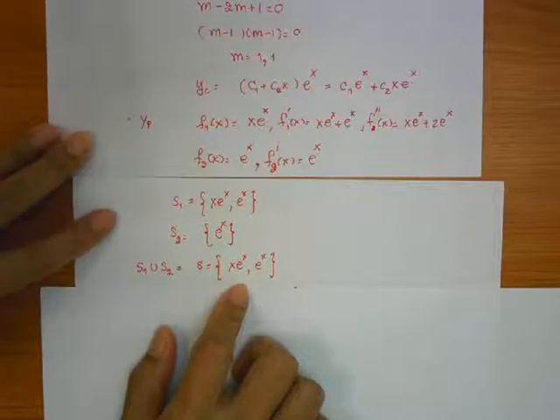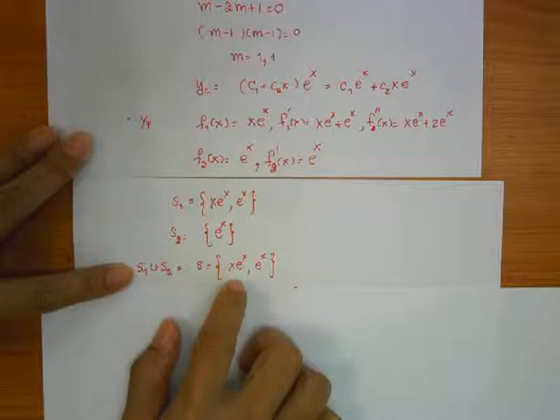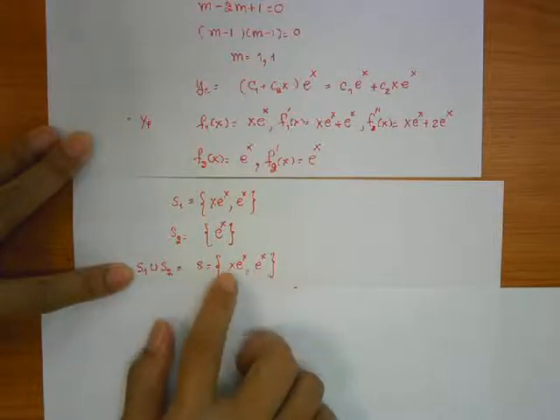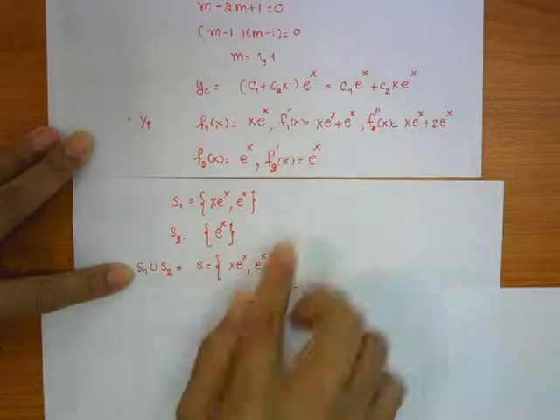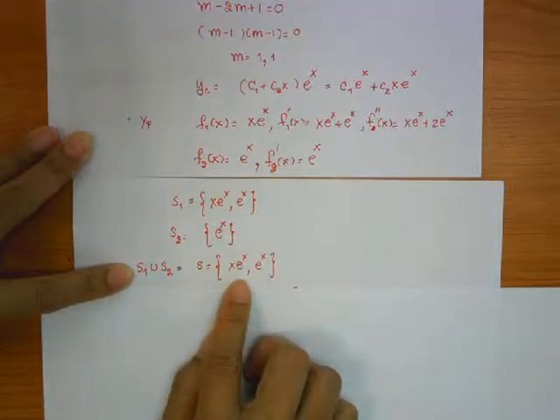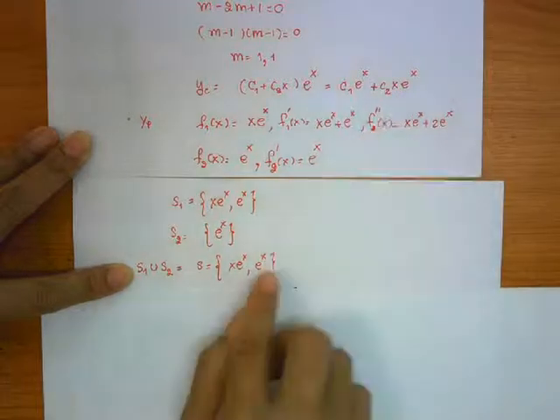Now, the next thing that you got to do is to consider whether the function in here is repeated with your YC. Is it repeated? Of course, exponential of x exactly the same, and x times exponential of x exactly the same.